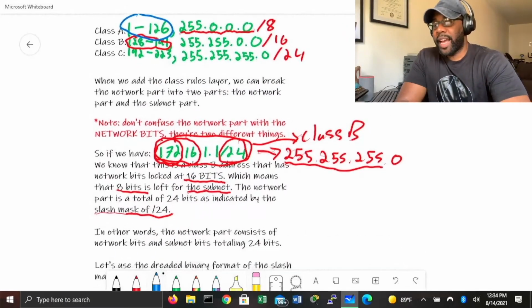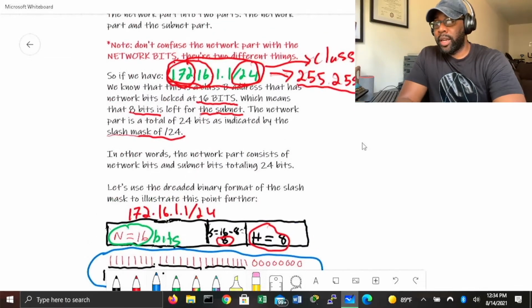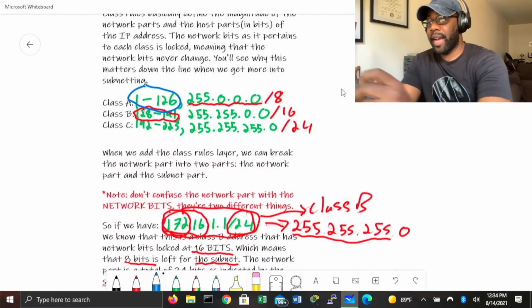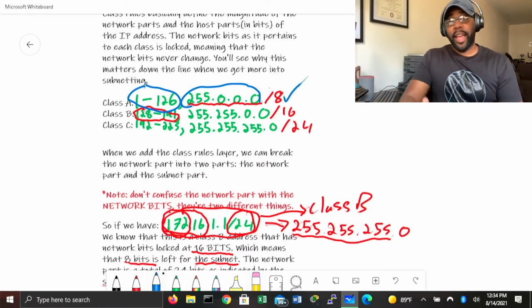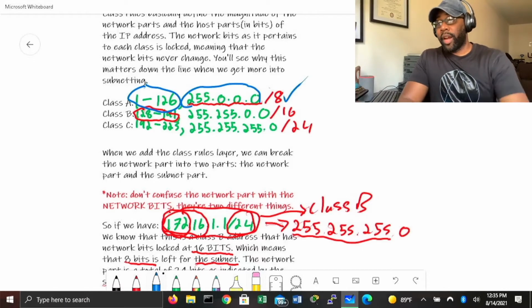So what does that mean? Since it's a class A IP address, we can already tell off the bat, without even looking at anything else, that it has 8 bits, because of our nice little default mask right here. We have 8 bits turned on, right?